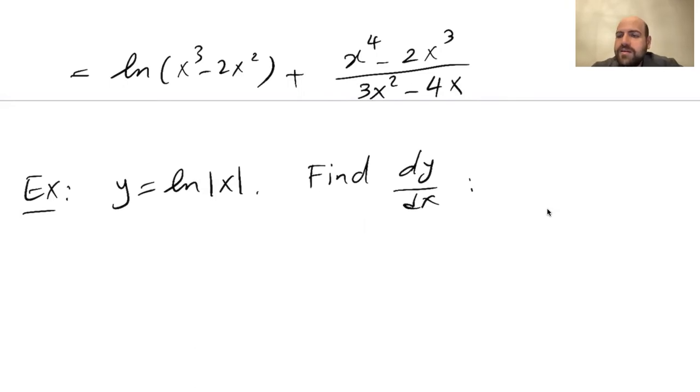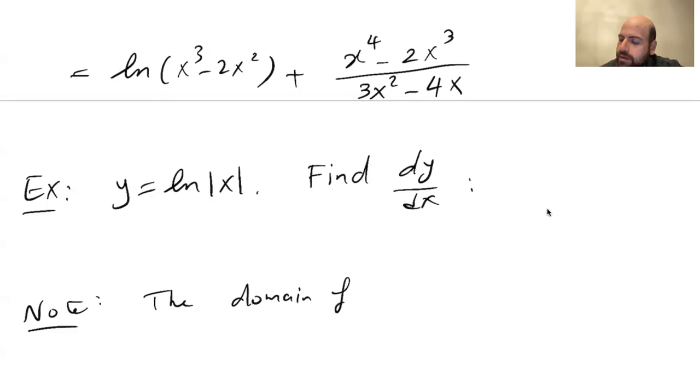Well, if you have a logarithmic function, the expression inside the logarithm has to be positive. So note the domain of y equals ln of absolute value x can be found as follows.